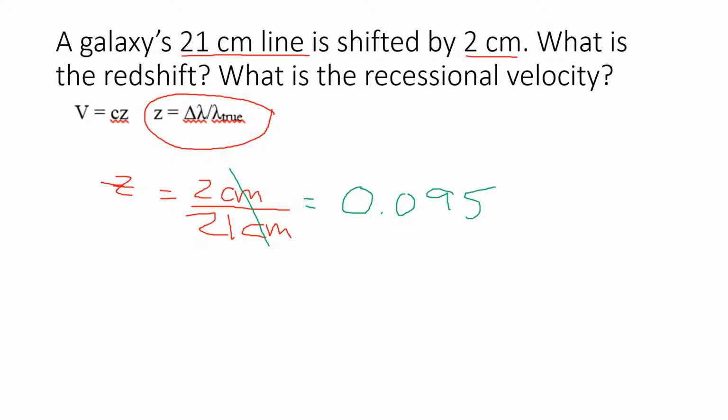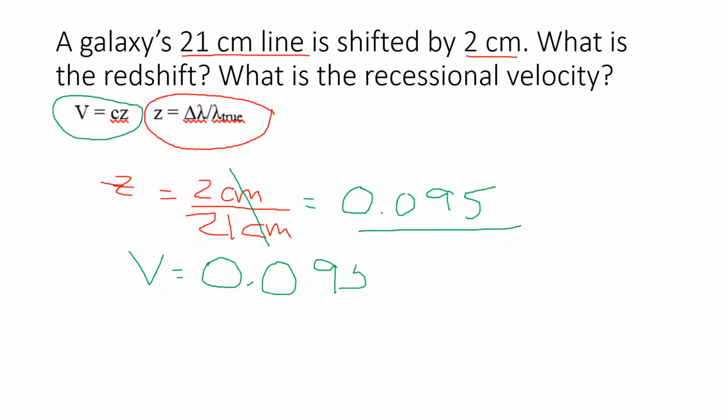So that's the redshift. Now in order to get the recessional velocity, we have to take the redshift and multiply it by the speed of light. So the recessional velocity is going to be 0.095 times the speed of light. Remember, the speed of light is 300,000 kilometers per second.